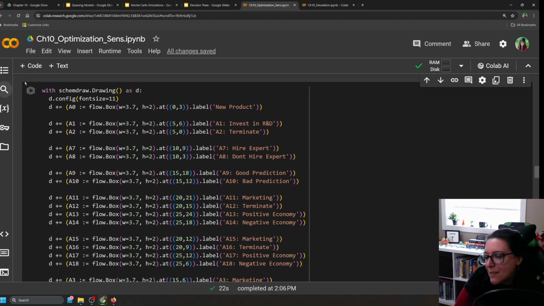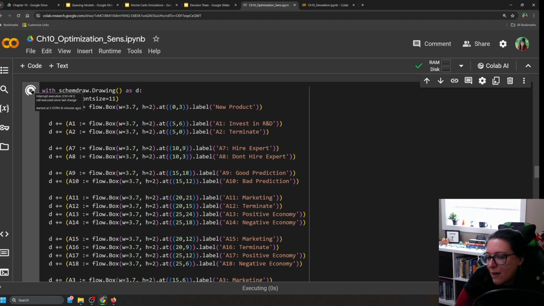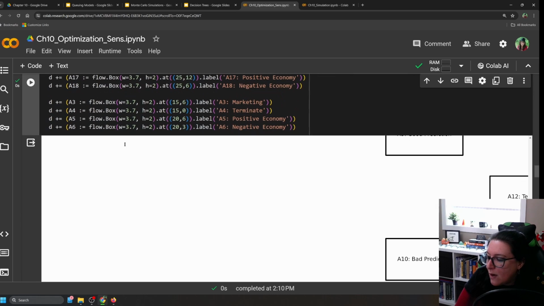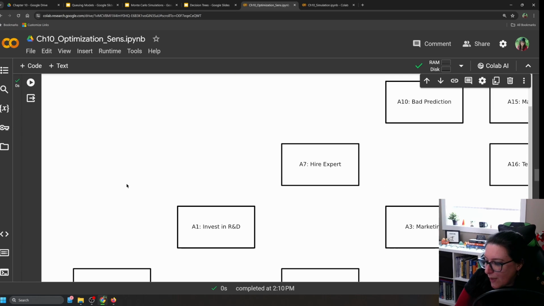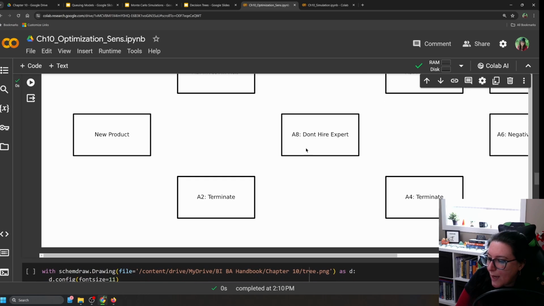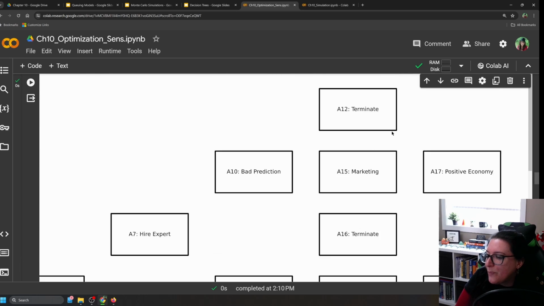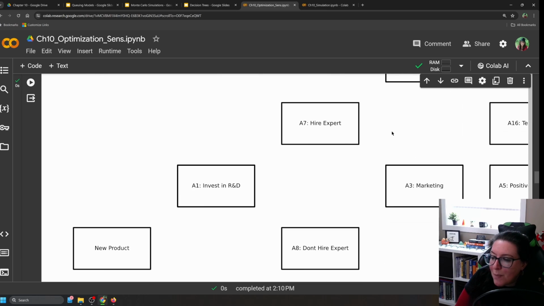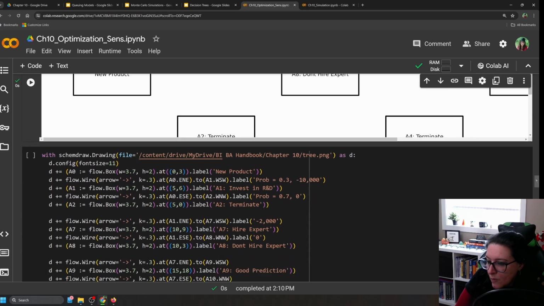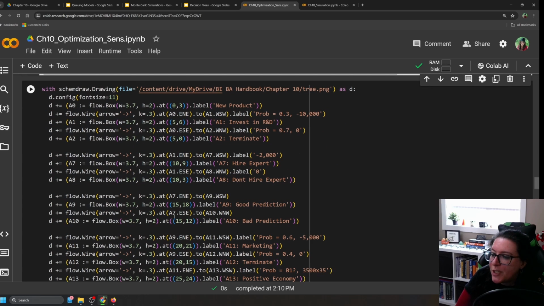But if you're going to do it in SchemDraw, which is what we're talking about here, first we load in all the different boxes. So that's what you see here, and they're in the locations I told them to be. And then I need to add my flow. Just like we had talked about in our previous video, we take the same information and we add in these flow.wire.